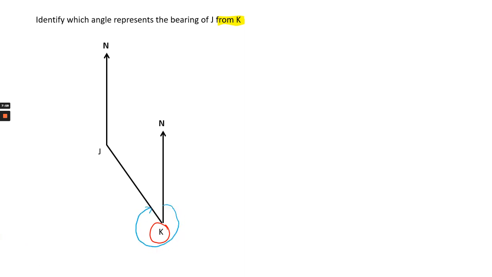Okay, and this one is even bigger than before. This one could potentially be 310 degrees. Okay, again, written in 3 digits. So I can say that the bearing of J from K is 310 degrees.